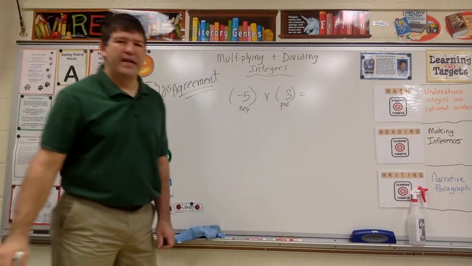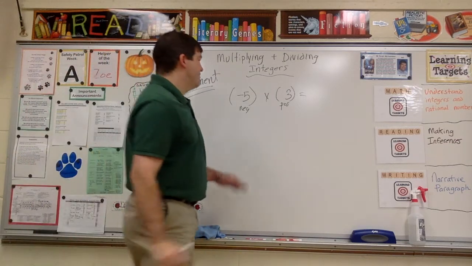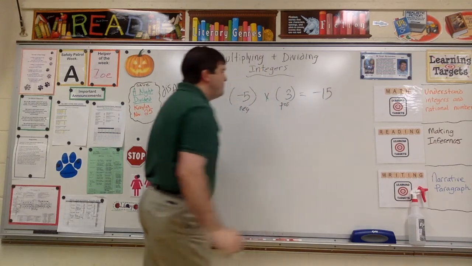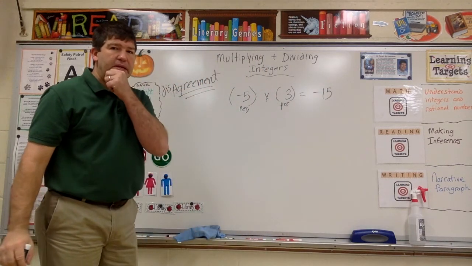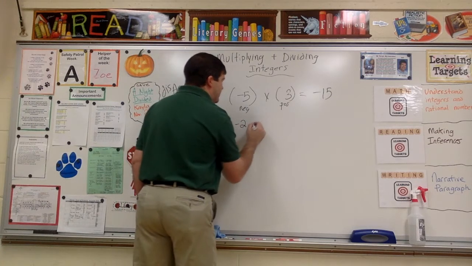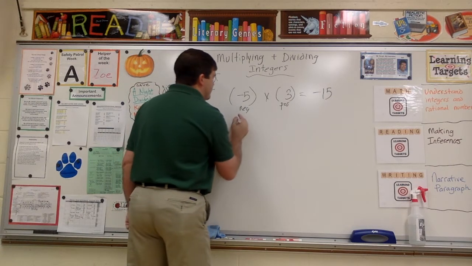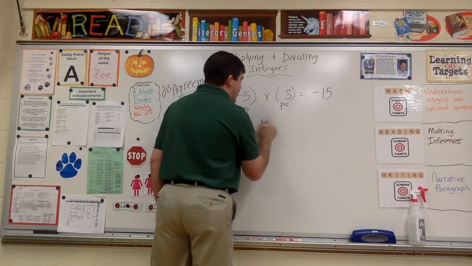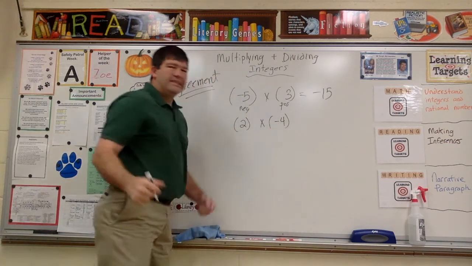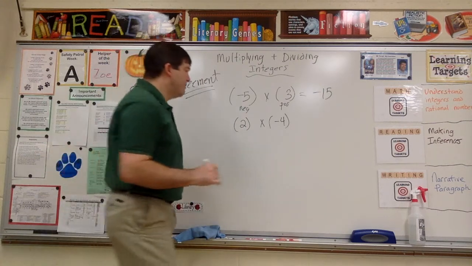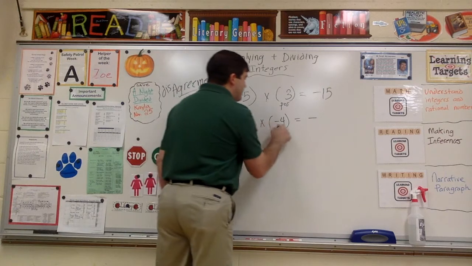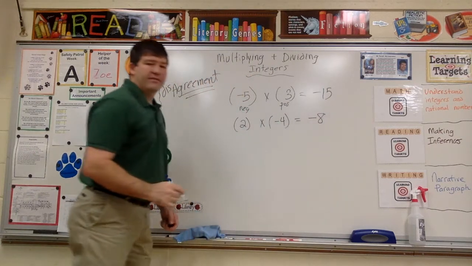It's a negative thing. So it's a negative. And then 5 times 3 is 15. Okay. Now, if I have a positive 2 times negative 4. Positive and negative, ooh, don't agree. So now I'm going to have a negative. Now I just multiply the numbers. 4 times 2 is 8.